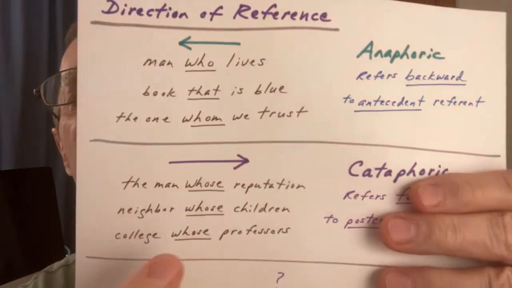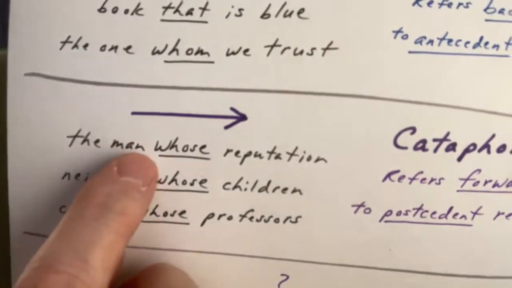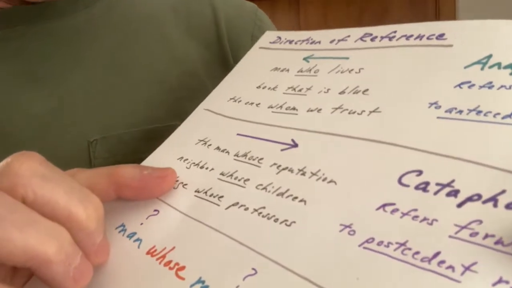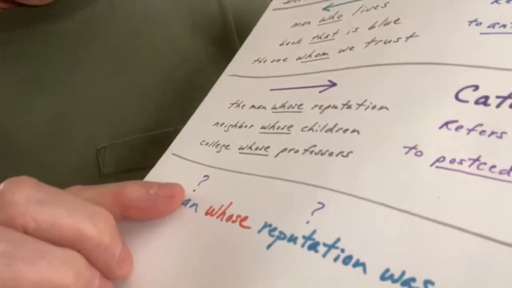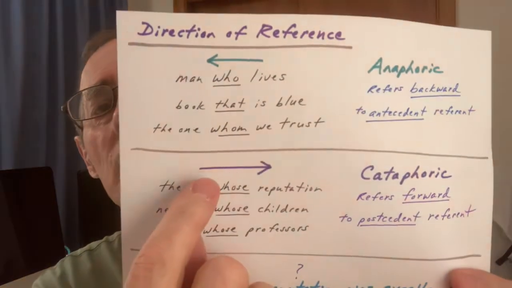Now, when we get to the word whose, you've seen the word whose in many sentences, and I'm sure you've used it many times in your life, okay? Now, when you see the word whose, let's say you see the man whose reputation, all right? Neighbor whose children, and college whose professors. Okay, that's just part of sentences. But you see another arrow.